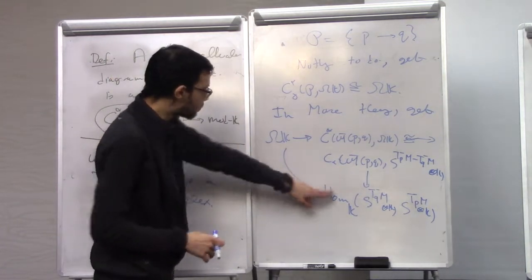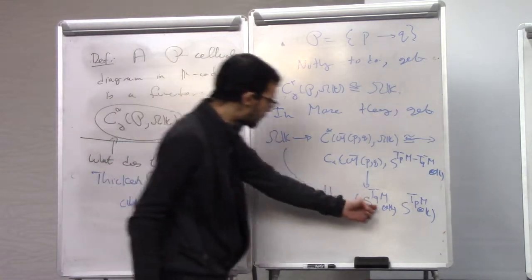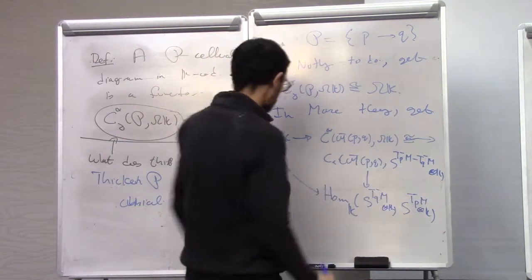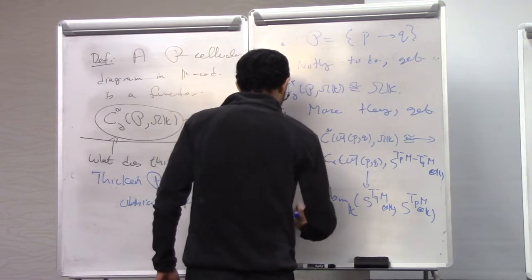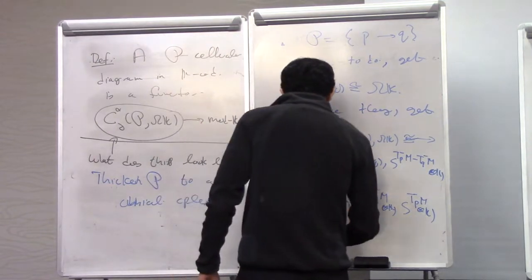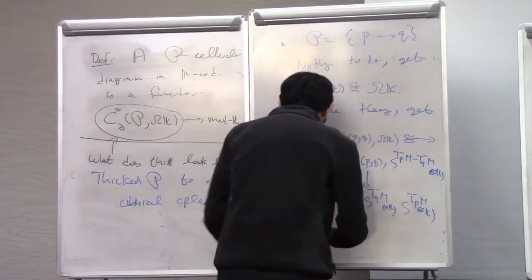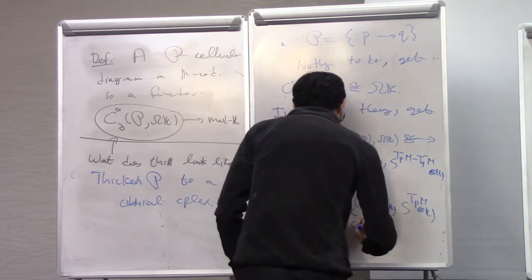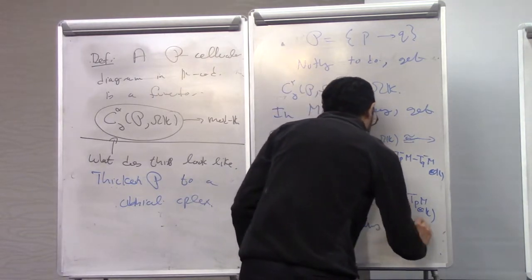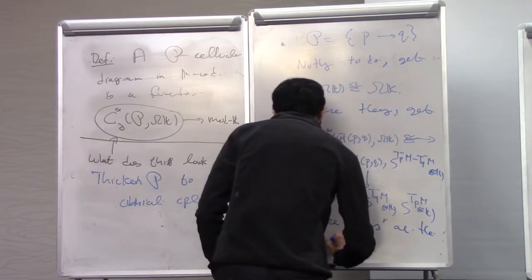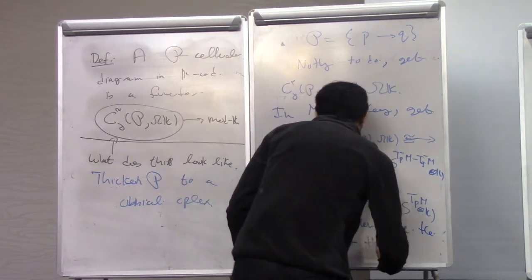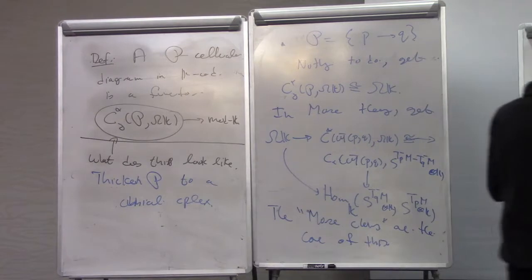If you have a map from this object to this object, you take the cone. The homotopy type that you want, the Floer chains or the Morse chains, are the cone of this map. Okay, so let's do the next case.